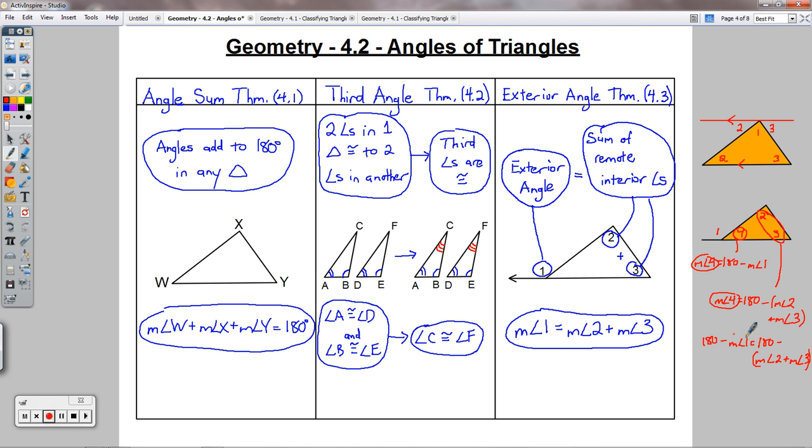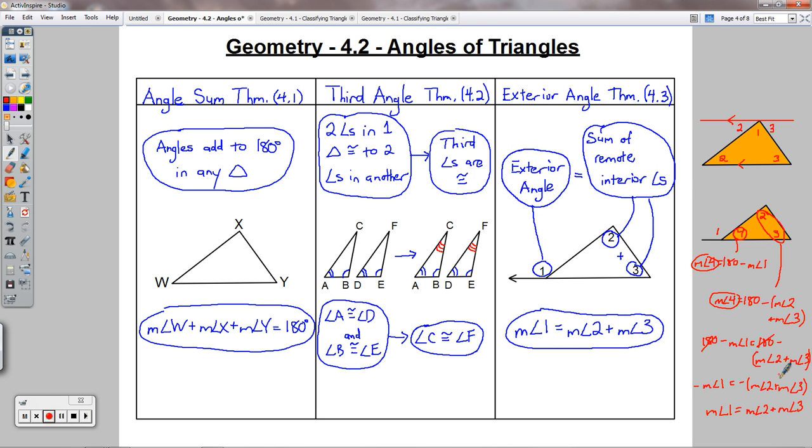If you have 180 on both sides, we could subtract that from both sides, and it would cancel out. You'd have negative measure of angle 1 equals negative measure of angle 2 plus angle 3. You could divide both sides by negative 1, and you'd have the measure of angle 1 equals the measure of angle 2 plus the measure of angle 3. So based on linear pairs and the angle sum theorem, you can derive this theorem as well.